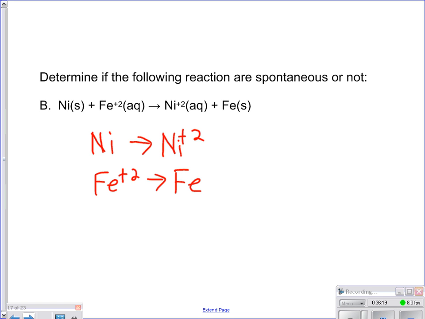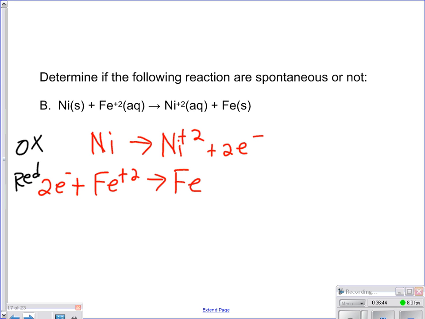All right, so that's our half reactions. Pretty quickly, you're probably able to throw in those electrons where you need to. Then you're looking at this and going, aha, yeah, this guy right here, that's oxidation. There's a loss of electrons. Here is a gain of electrons.